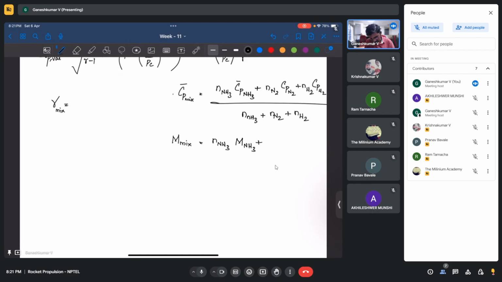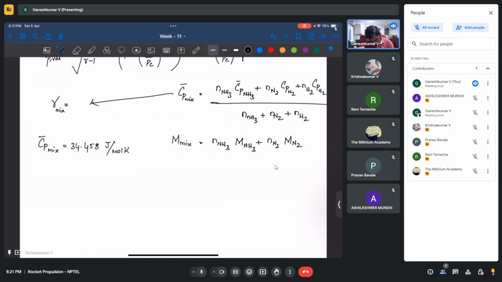I mean Cp of mixture, we are finding it to find gamma of mixture, nothing else. I got Cp as 34.458 joules per mole Kelvin.